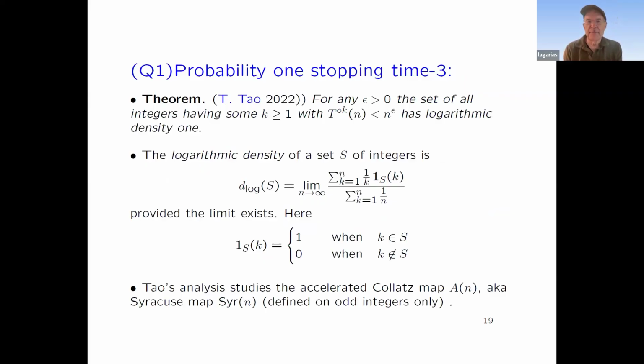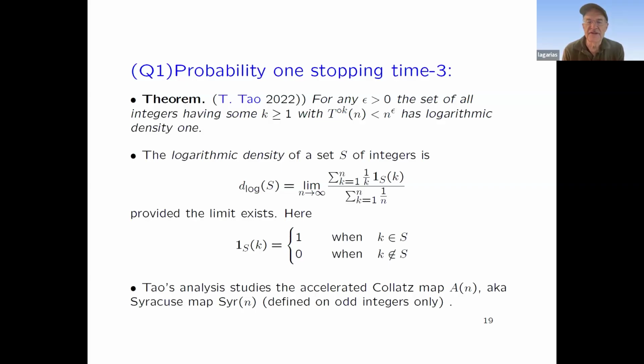The best result that's been proved on large decrease of Collatz function iterates is a result of Terry Tao in Forum Math Pi, which says, in its simplest form, that for any given n, taking a fixed epsilon, you can drive it below n to the epsilon for a set of logarithmic density 1.